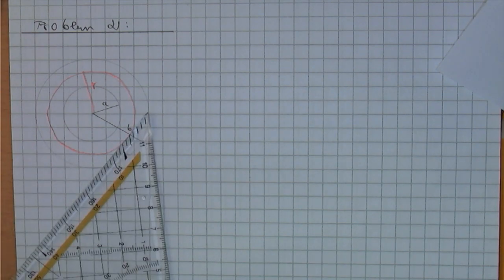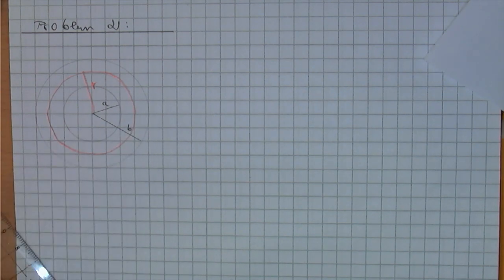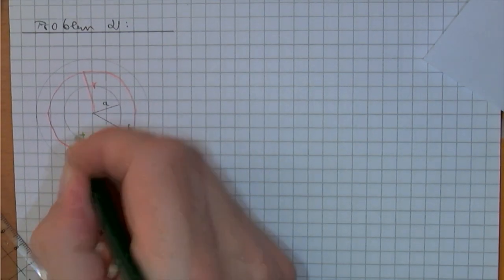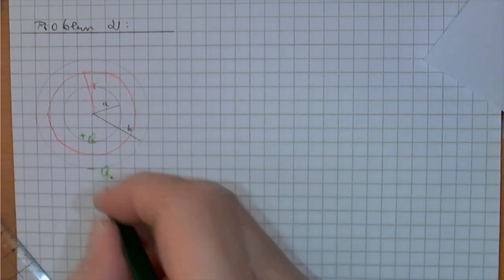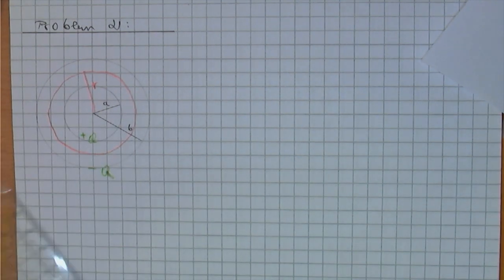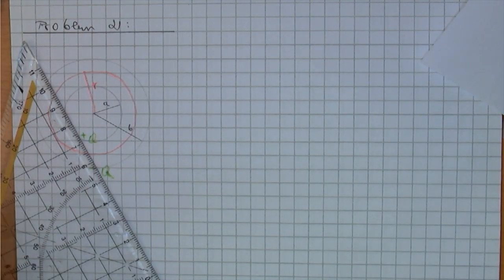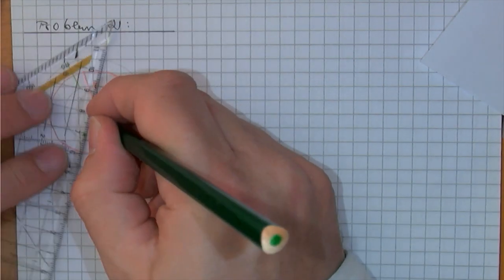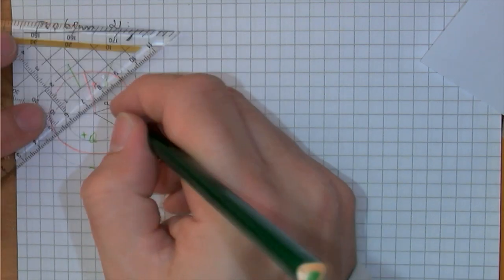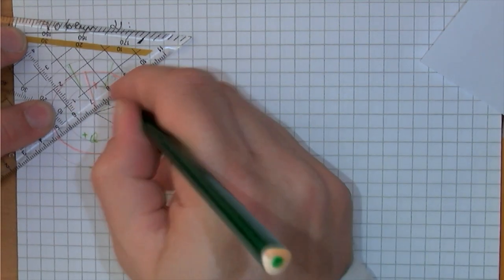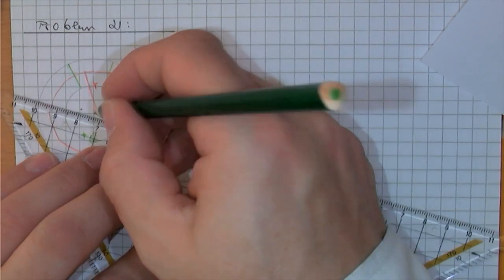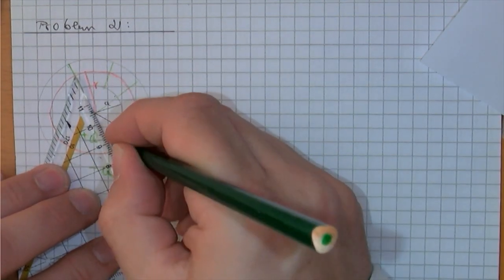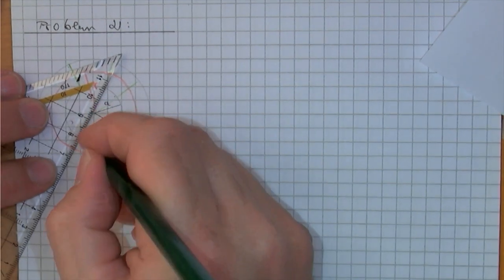Okay, and then the charge is plus Q on the inside, and on the outside it is minus Q. So therefore the electric field is radially outwards. I draw here a couple of examples of field lines going from the positive charge to the negative charge.